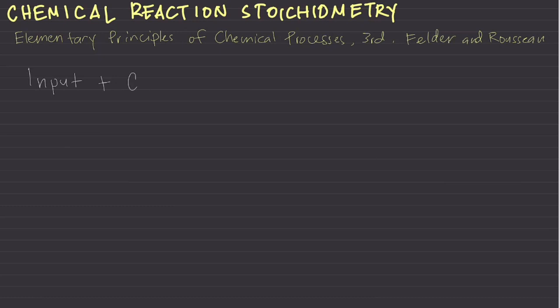So input plus generation is equals to consumption plus output. So pag steady state, ganito yung form ng general mass balance, pero pwede rin naman at dynamic mass balances, magkakaroon tayo ng plus accumulation dito sa dulo.